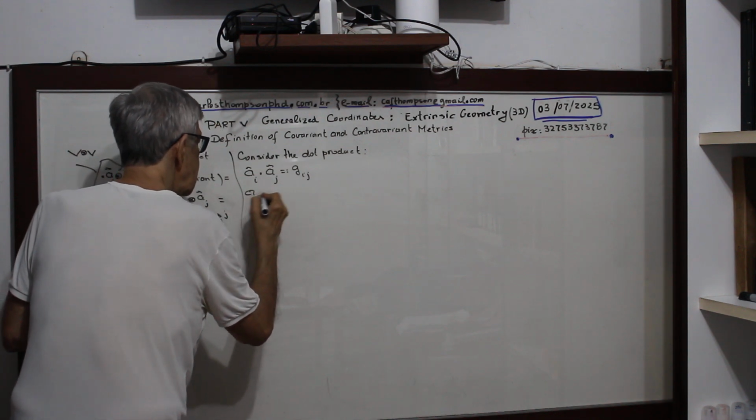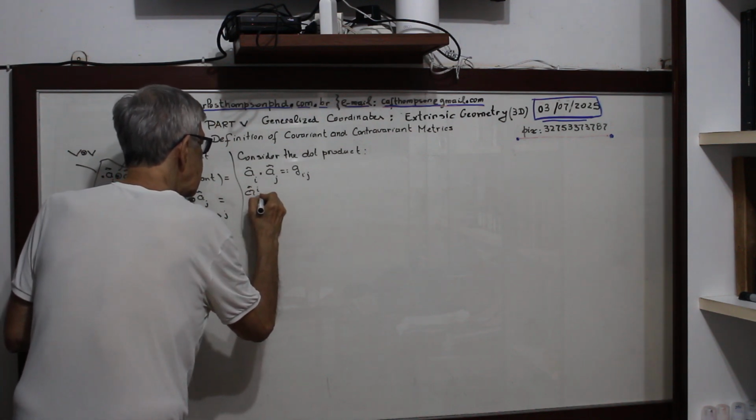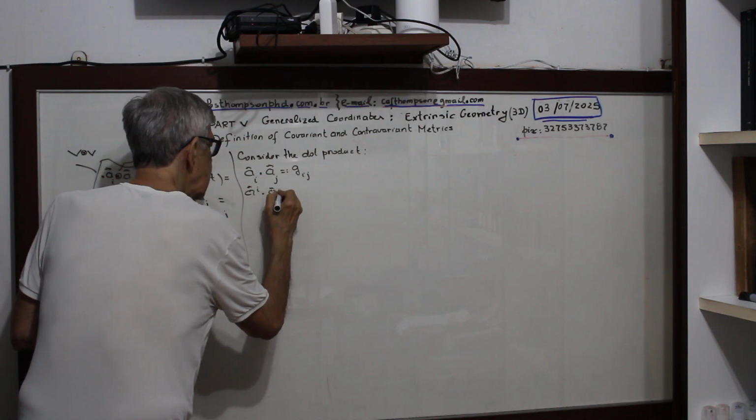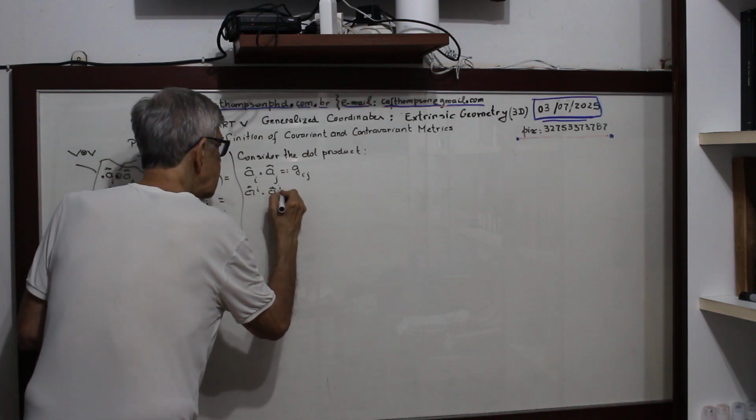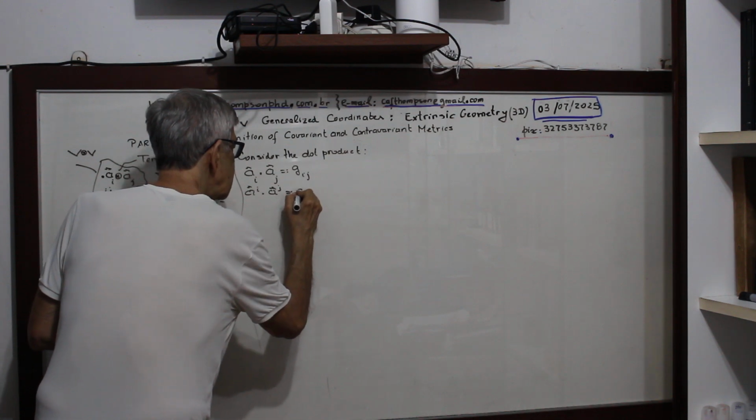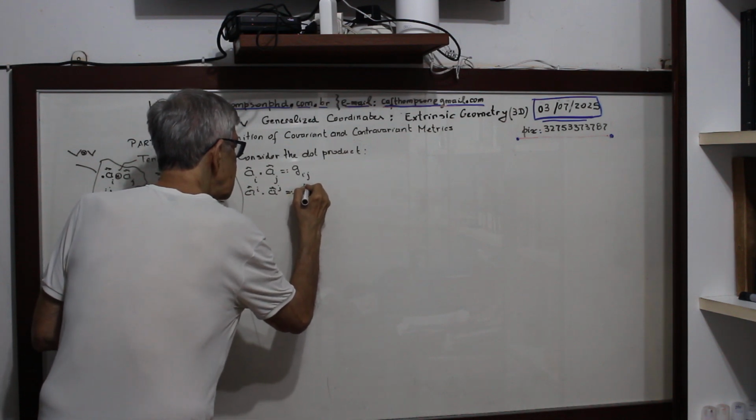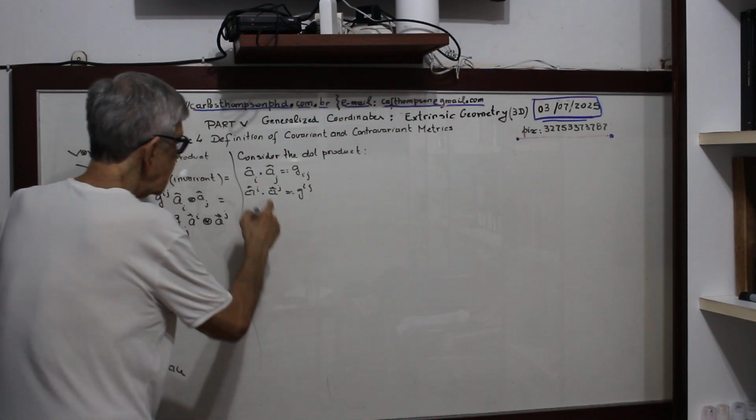Then a^i dot a^j is defined as G^ij. You see?